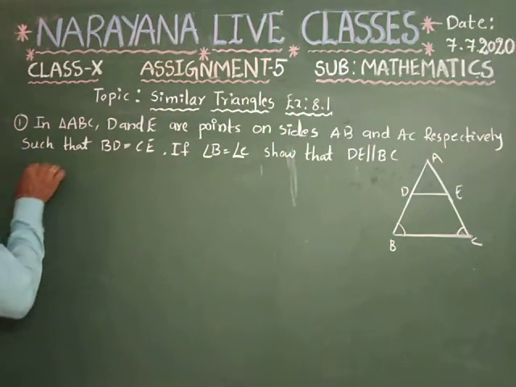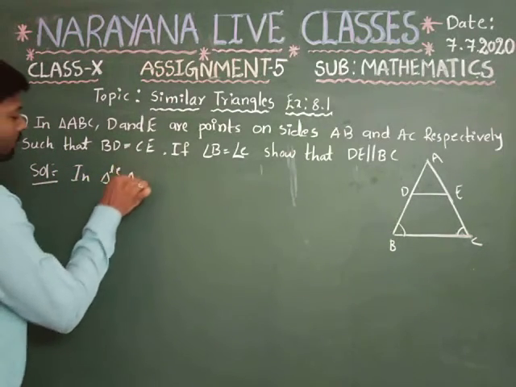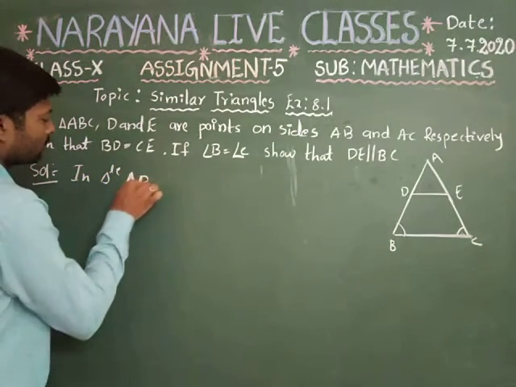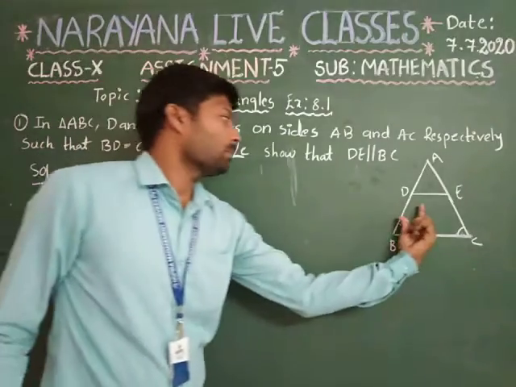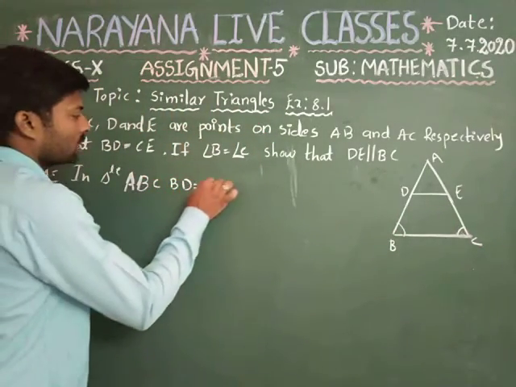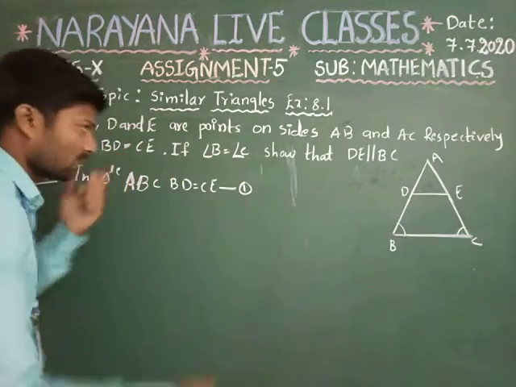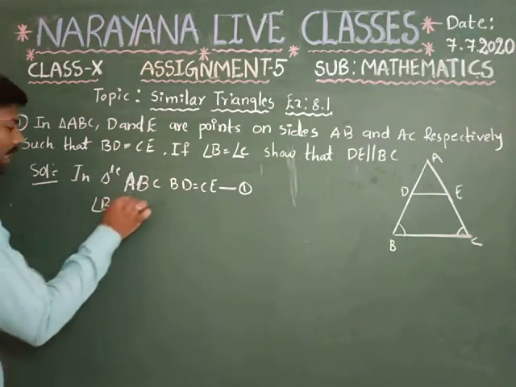In triangle ABC, BD is equal to CE. Let's take it as the first equation. This is from the question only. Same thing, angle B is equal to angle C is given.